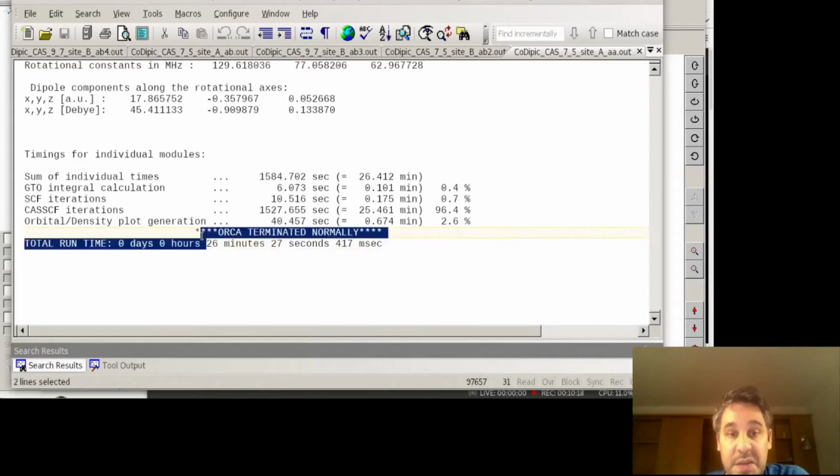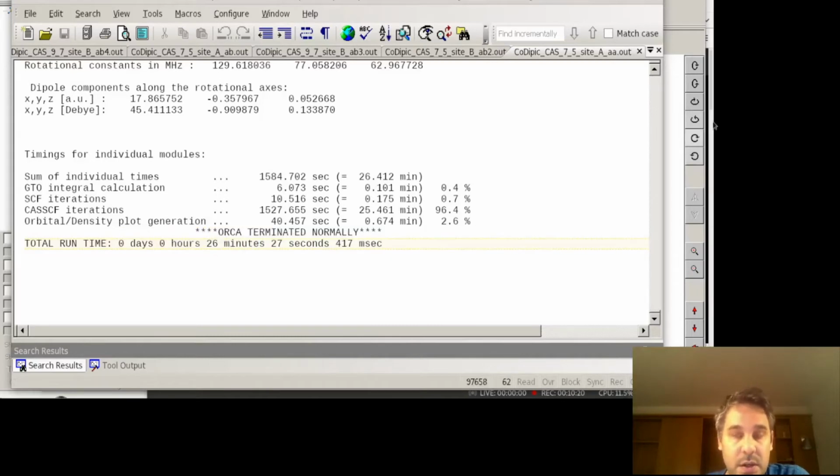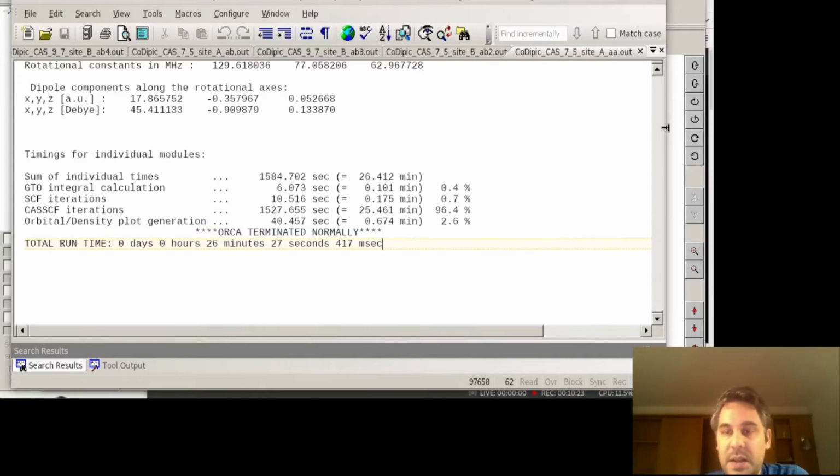So 26 minutes for a CASSCF calculation is quite okay, because the active space that I chose, 5 orbitals and 7 electrons, is not that large, and I'm not choosing a very large basis set. So 26 minutes is quite comfortable.